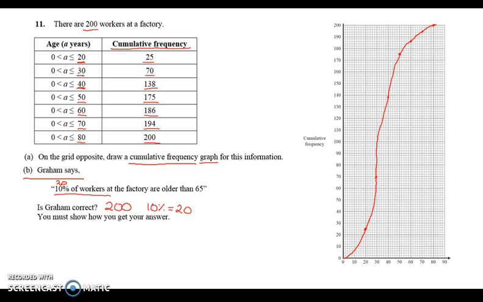So 65 is here. You would read up to the graph. So let me just mark this on up here. You'd read up to there and join it up with the ruler. If I try and do this with the ruler, it will go horribly wrong. So I'm just going to do a nice delicate dotted line that, again, struggling to keep the accuracy of this pen is not good.